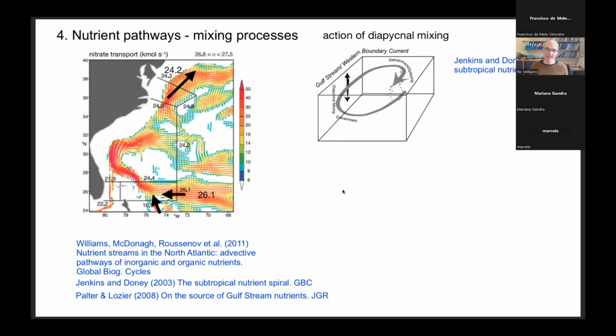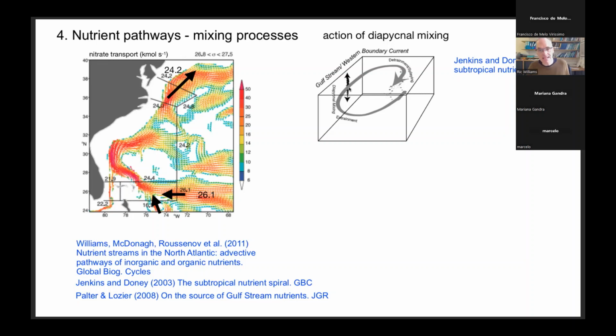So there has been an internal debate about what modifies the properties of the nutrients running along the boundary current. Bill Jenkins and Scott Doney set out a very plausible view that along the western boundary layer, there would be regions of enhanced diapycnic mixing, which would almost certainly occur. And the action of that diapycnic mixing would be to transfer nutrients from at depth to surface lighter waters.